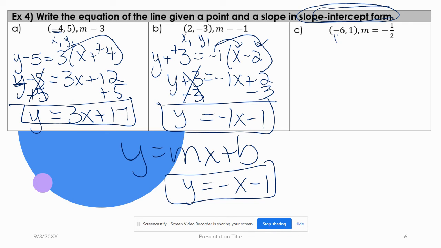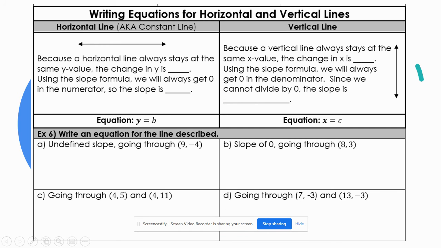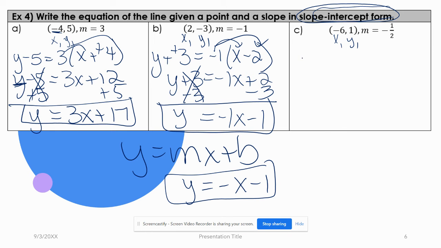This last one, again, we have x1, y1, and m. We have y minus 1 is equal to negative 1/2 times x minus negative 6. I'm going to clean up this minus negative to be x plus 6 and distribute.